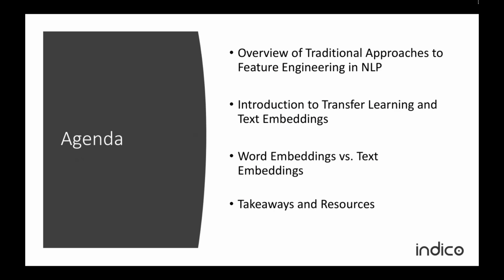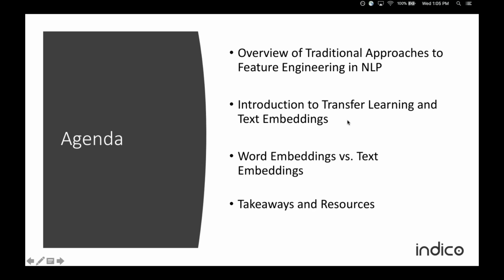Our agenda at a very high level is going to be, first and foremost, going through an overview of traditional approaches to feature engineering, just to make sure that people have a base of where we're coming from. Then an introduction to transfer learning, and very specifically text embeddings, which are the dominant mode of transfer learning in the NLP space, but we'll get into that in some more detail.